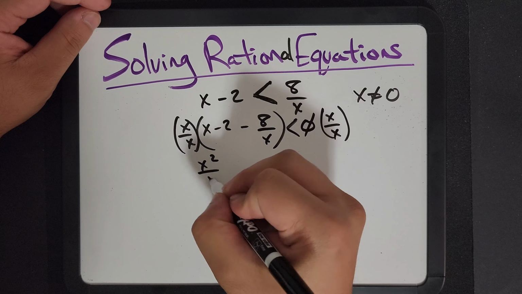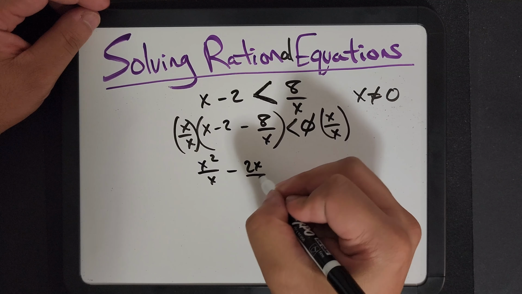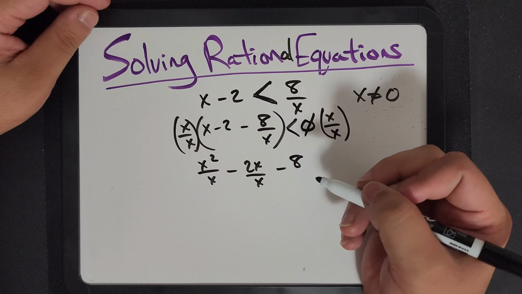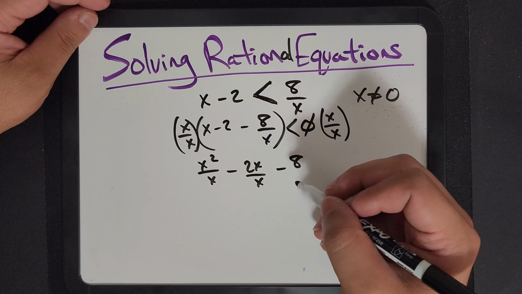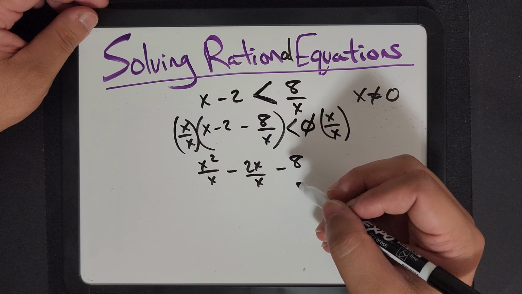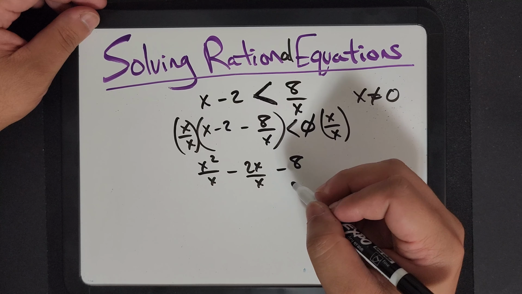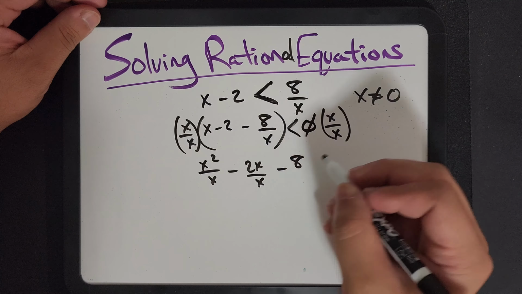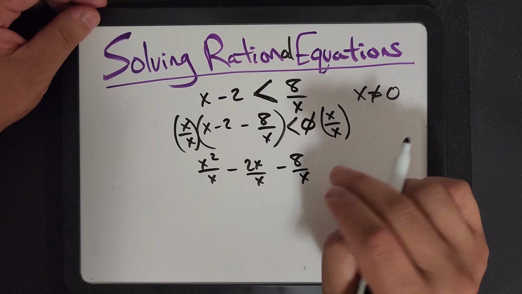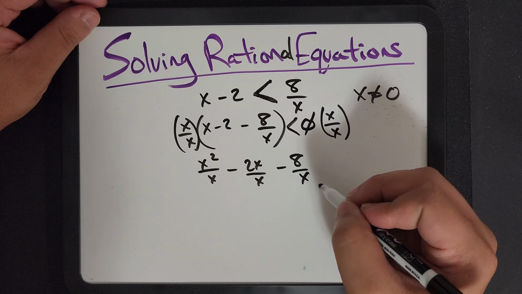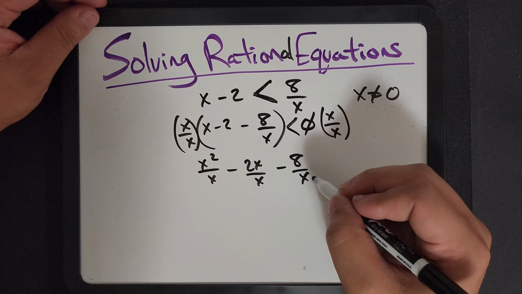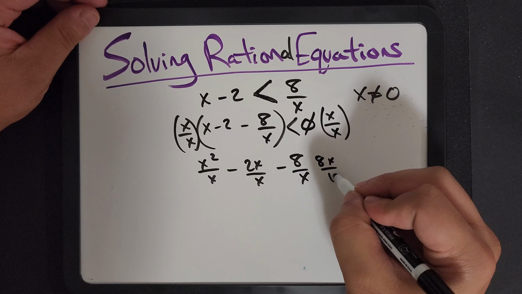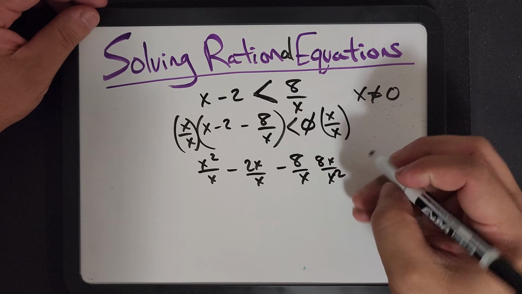So I'm left with x squared over x minus 2x over x minus 8 over x. That one I'm not going to multiply by x over x, because that will give me 8x over x squared, and I don't want that.